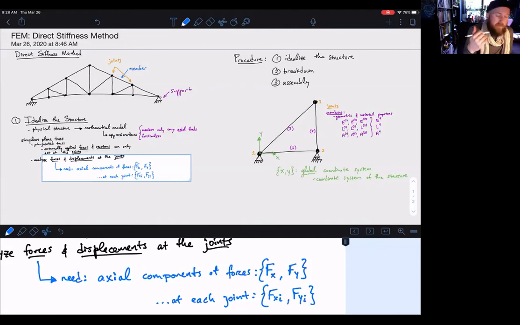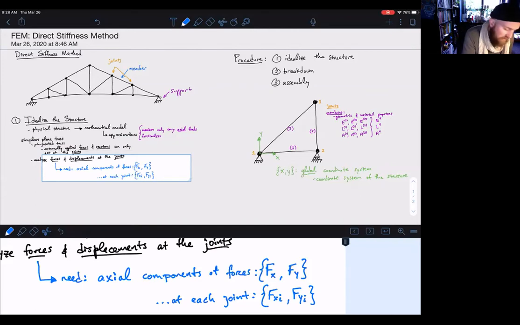Now we have a planar truss here. We only have everything in the x and y plane. So at each node, there are going to be 2 degrees of freedom, right? We can have just displacements in the x and y direction.